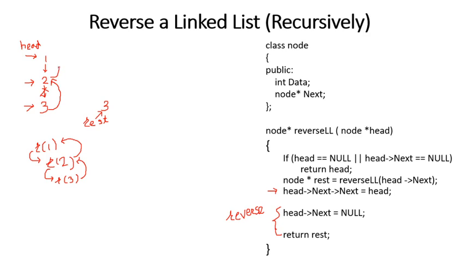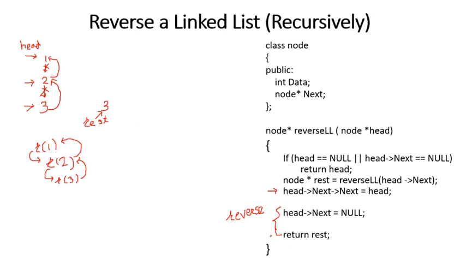So 2 will contain the address of 1, and now we do head arrow next as null. So this link will get broken.